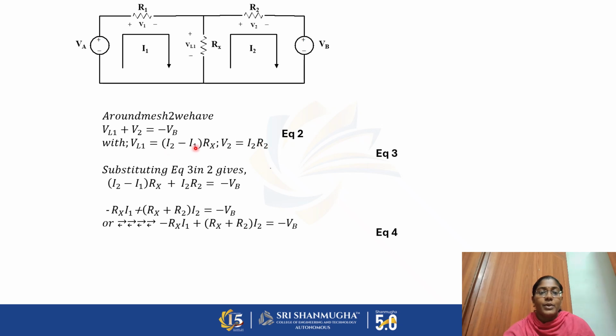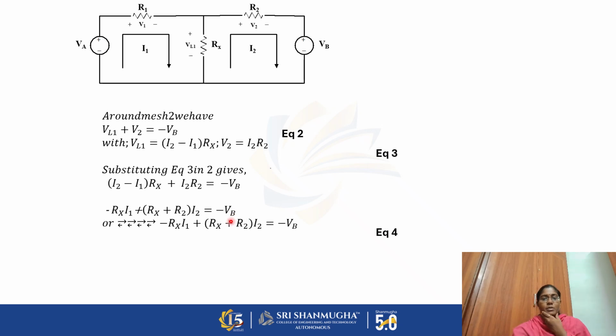Now substituting equation 3 in equation 2, you get I2 minus I1 into Rx plus I2 into R2, which is equal to minus VB. This can be simplified as minus Rx into I1 plus Rx plus R2 into I2 is equal to minus VB.